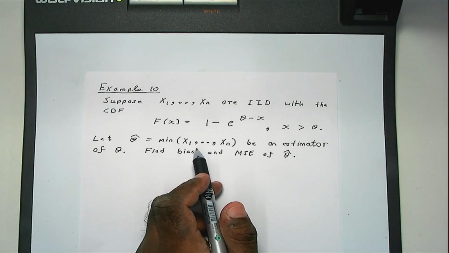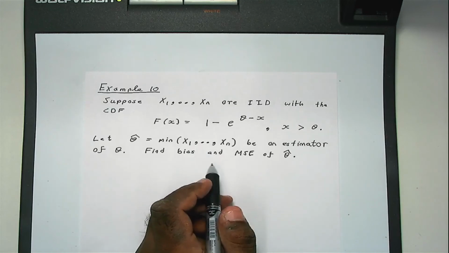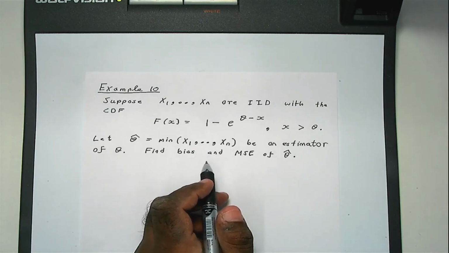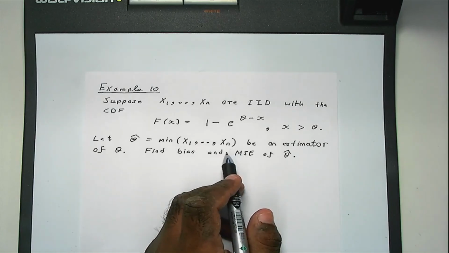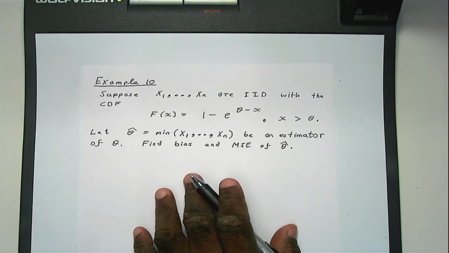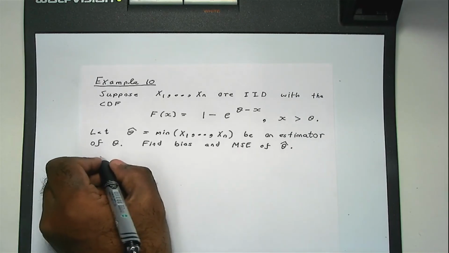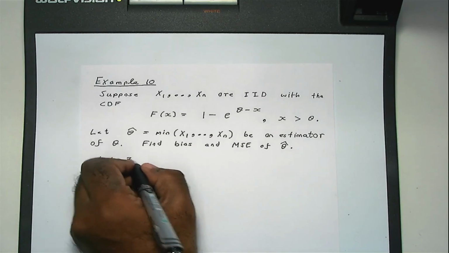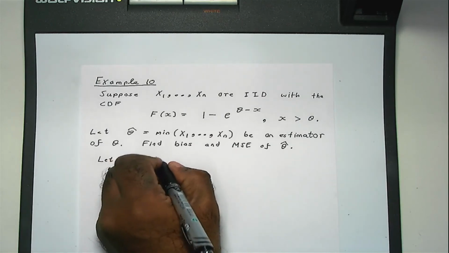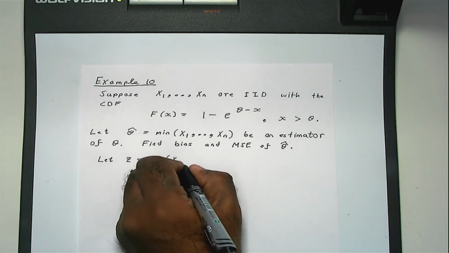The first thing, before finding the bias or the MSE, you should try to find the distribution of the minimum or the maximum, right? So let, just for the sake of notation, let Z denote the minimum of x1 to xn.